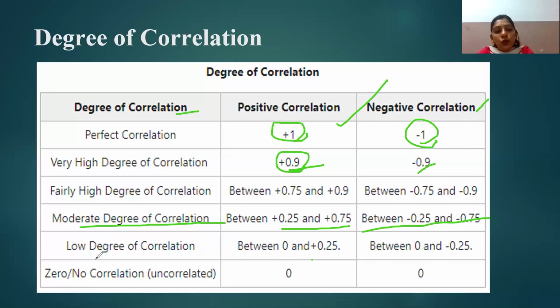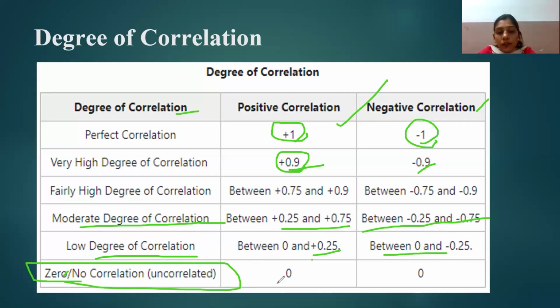And if there is a low degree of correlation, the value of positive correlation is between 0 to +0.25, and in case of negative correlation the value lies between 0 to -0.25. And if there is no correlation or zero correlation among the variables, then the value is 0. Okay, so these are the degrees of correlation.